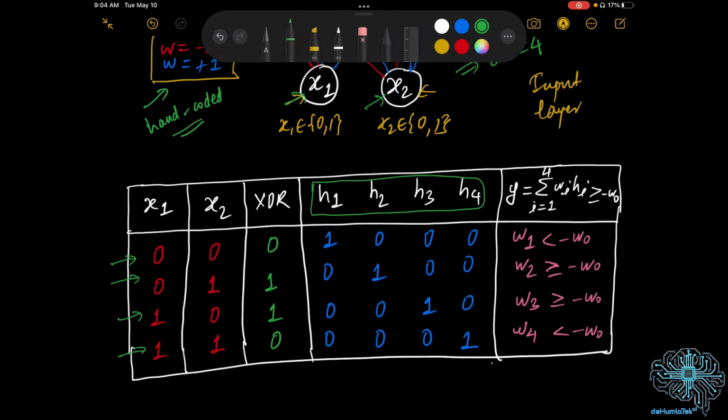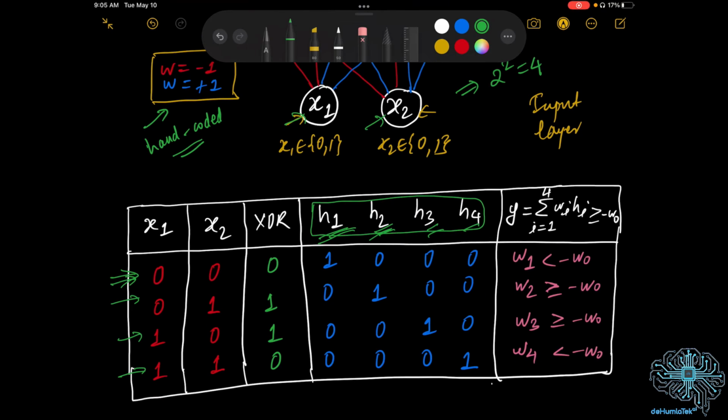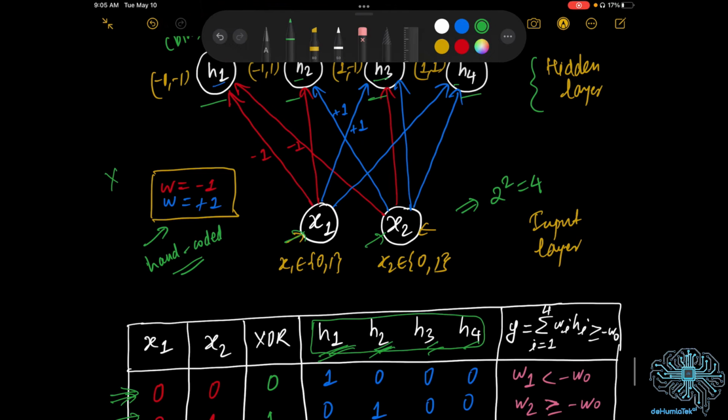When X1 and X2 are both 0, only this perceptron has to fire, and for other values of X1 and X2, different neurons should fire. But there should not be two neurons firing at the same time. It can fire for different functions, but for XOR we are just looking for XOR.